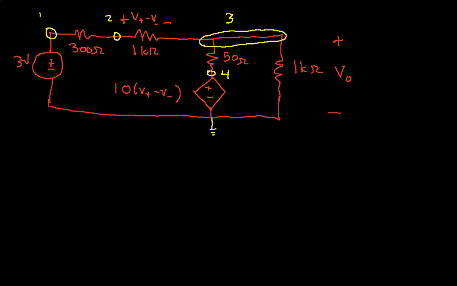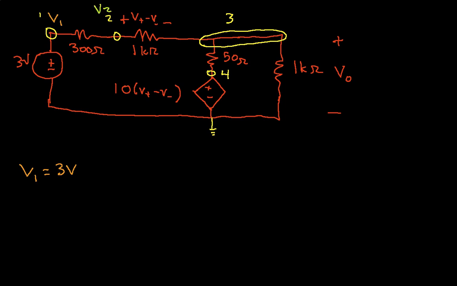Okay, so if I look at node 1, we have that node voltage V1 is simply equal to 3 volts because we have the 3 volt supply connected to node 1. That was easy enough. Okay, let's look at node 2, where we have V2.